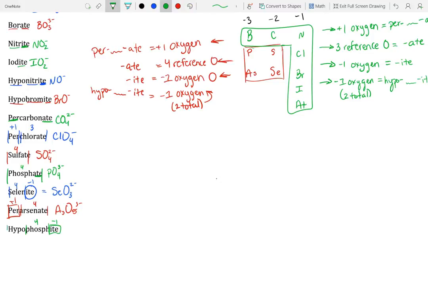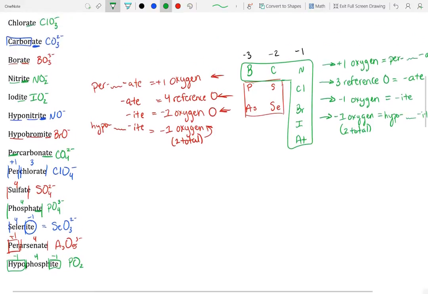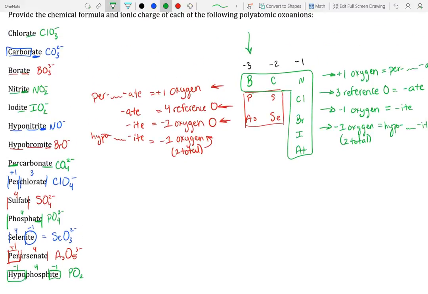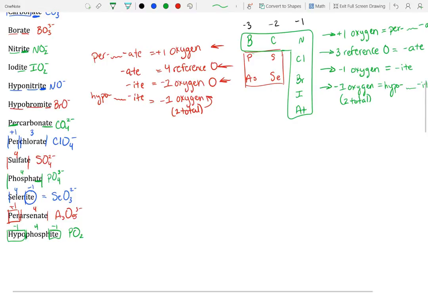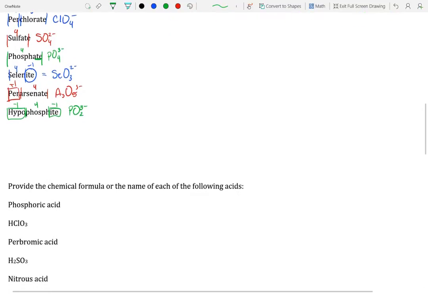Hypo means we remove yet another oxygen. So 4 minus 1 minus 1 makes 2. So we should have P, as in phosphorus, O2. What charge is it? Now phosphorus is located in the -3 column, so this is going to be 3 minus. PO2 3 minus. Okay?